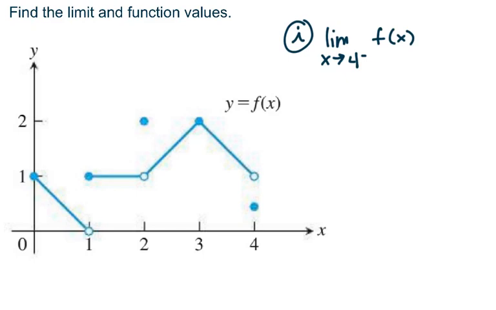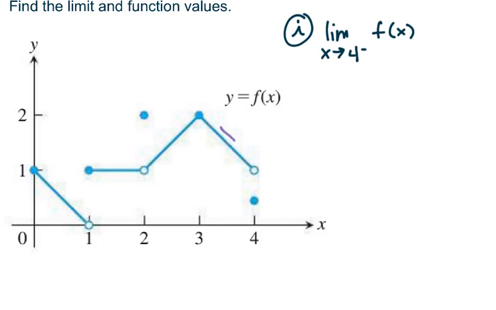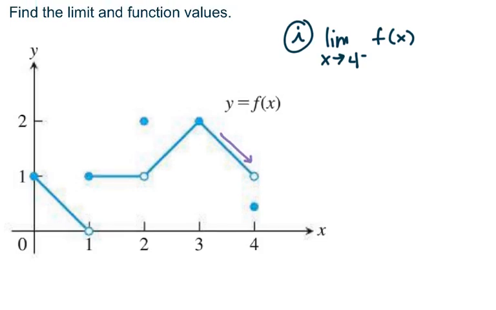As x approaches 4 from the left, that means we are traveling from the left toward the right side. So we are approaching x equals 4 from the left, and my graph tends to this open circle, and that open circle would be at y equals 1.